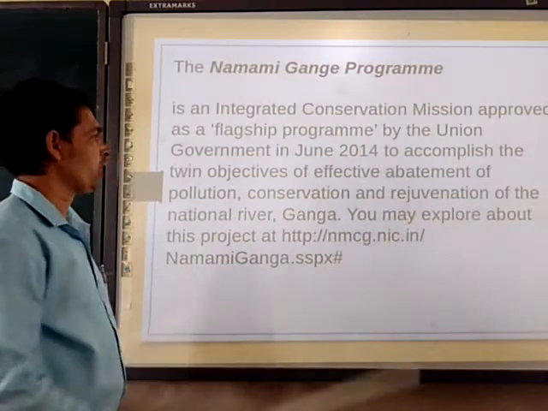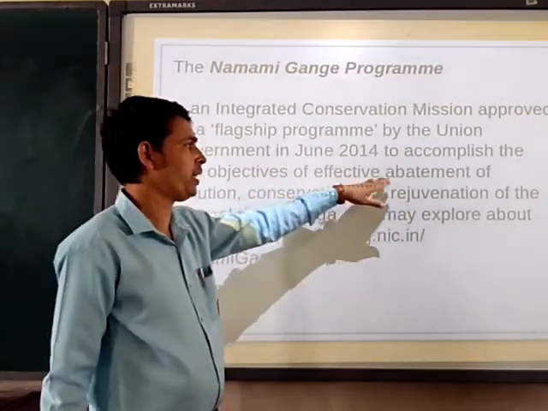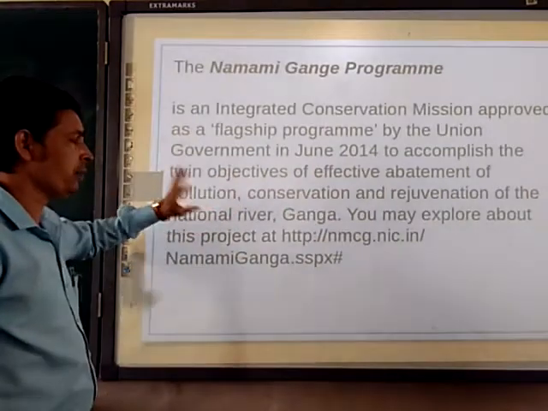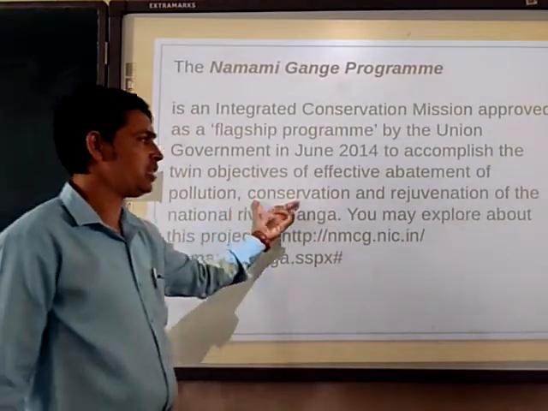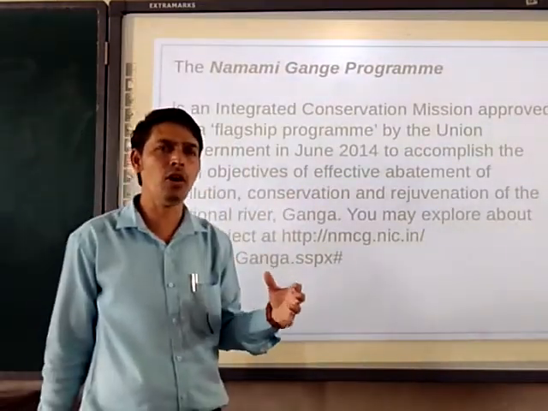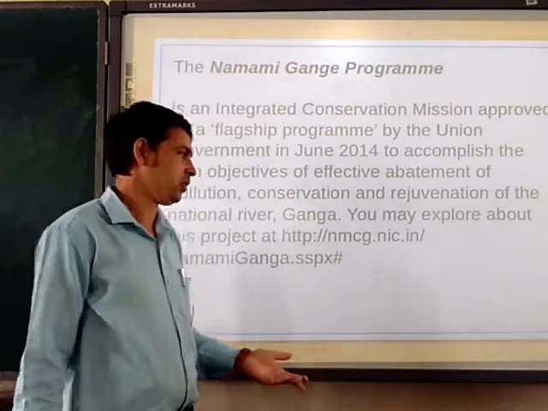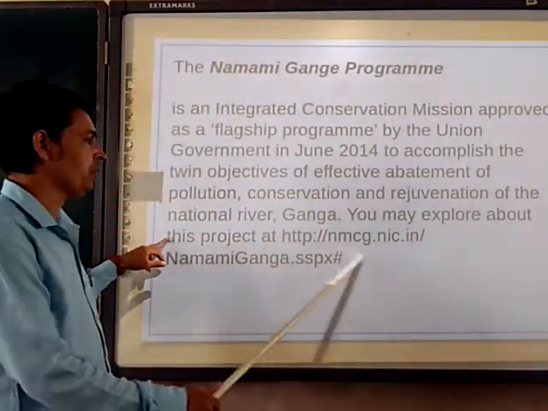Then, to accomplish these twin objectives, what is their major concern? Pollution reduction, conservation and rejuvenation of the river, which has suffered a lot. All the detailed information is given at this particular link.